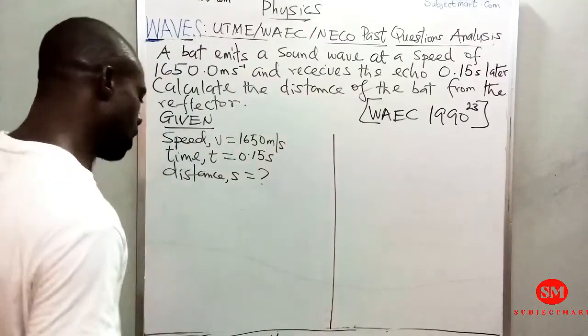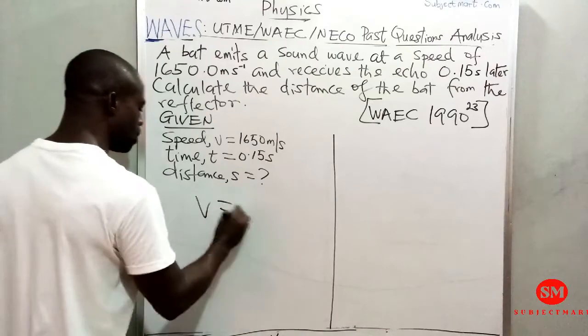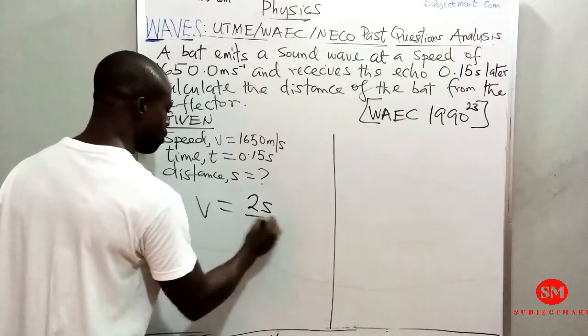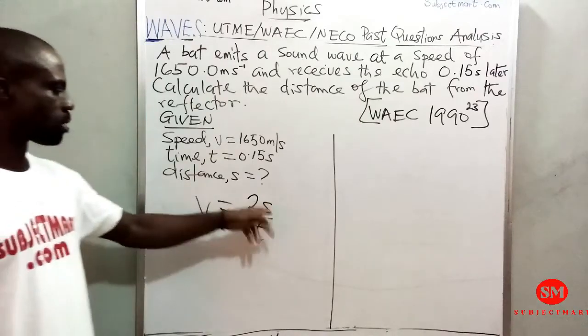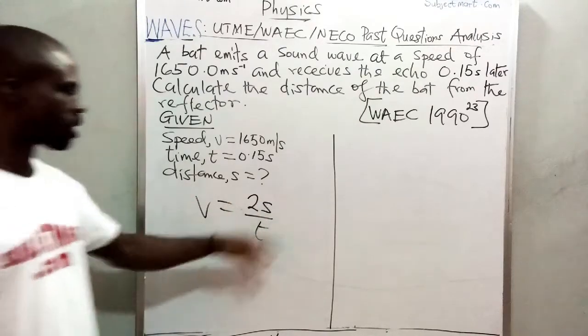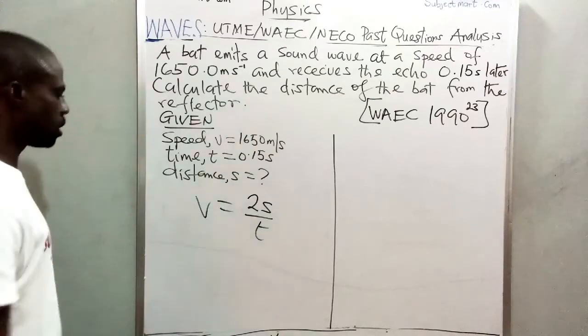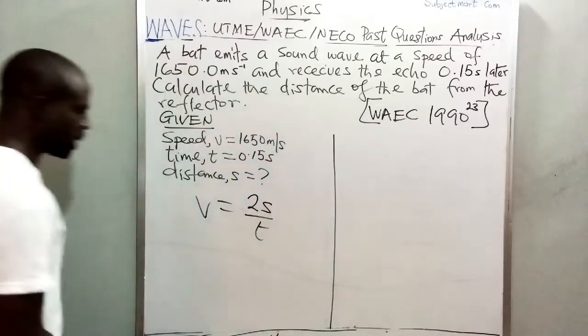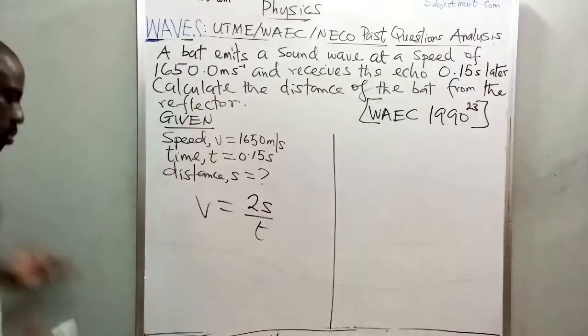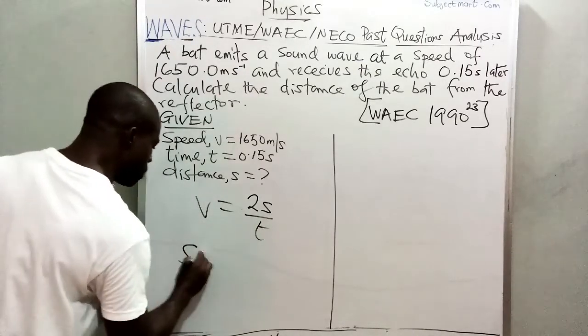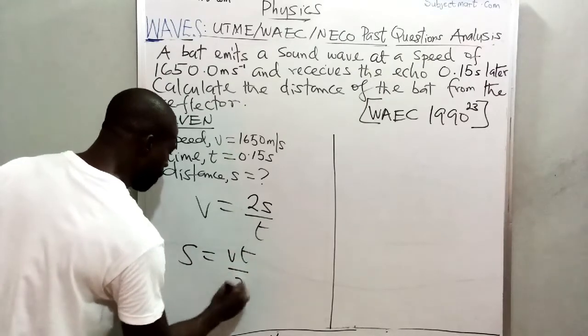Now the echo formula is v is equal to 2s over t. That is, velocity is equal to 2 times the distance all over time, the time to receive the echo back. So in this case, we have to make s the subject. Your s is going to be vt all over 2.